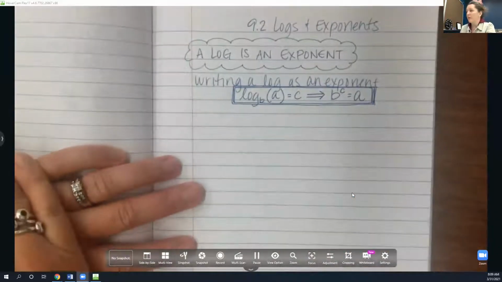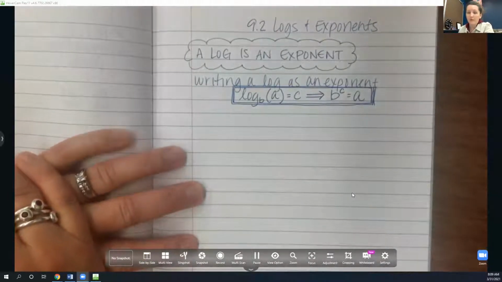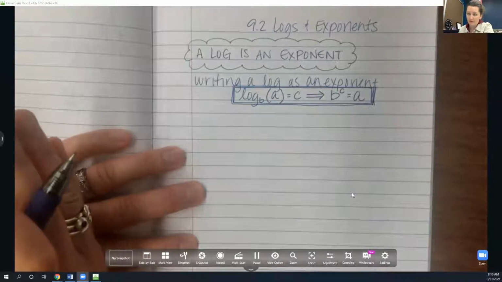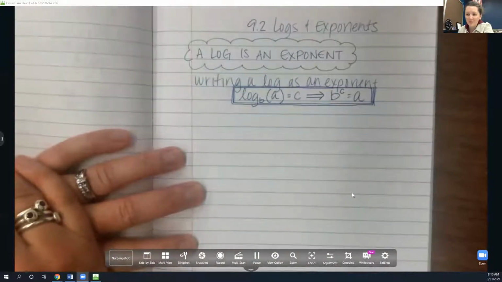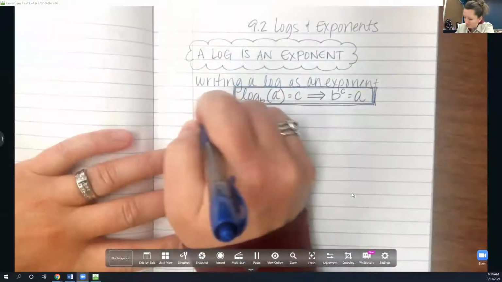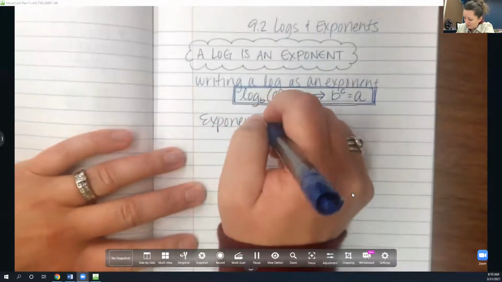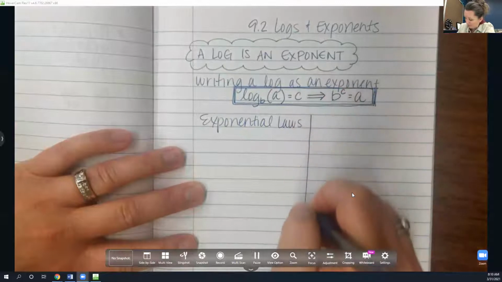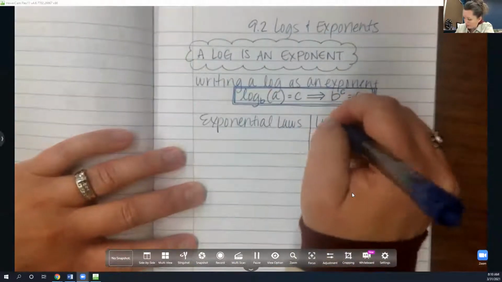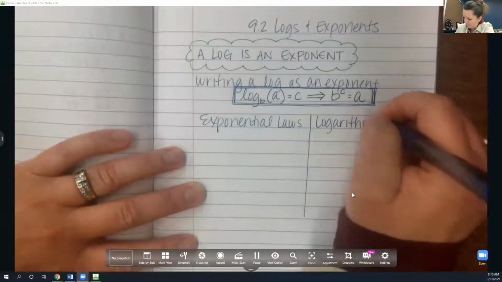There are some other logarithmic properties and laws that are going to be very similar. Well, they're going to be exactly the same as your exponent laws. So let's do a little table here. We're going to talk about our exponential laws, and now we're going to see how they compare to our logarithmic laws.